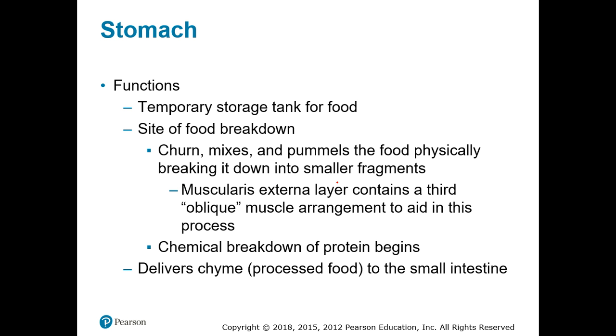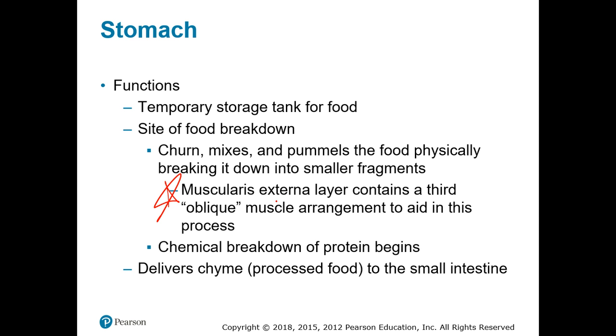For the stomach's function, it's a temporary storage tank for food as it gets broken down. Within the stomach, it churns, mixes, pummels that food, physically breaking it down into smaller fragments, whereas chemical breakdown happens from pepsinogen turning into pepsin. One special thing about the stomach, and it will be on your test, is the muscularis externa, that third layer that has a lot of smooth muscle.